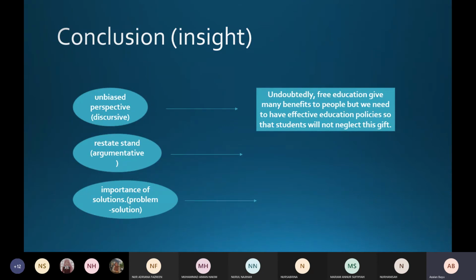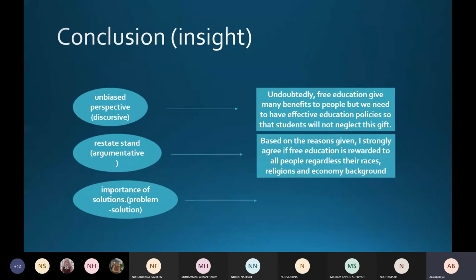Alright, restate the stand when you do argumentative. Based on the reason given, I strongly agree. So you restate balik apa yang you dapat. I strongly agree, if free education is rewarded to all people regardless their races, religion, and economic background. Okay, sebenarnya I strongly tu pun kurang sesuai because I gunakan I. So you can say based on the reason given, education should be rewarded to all people regardless their race.